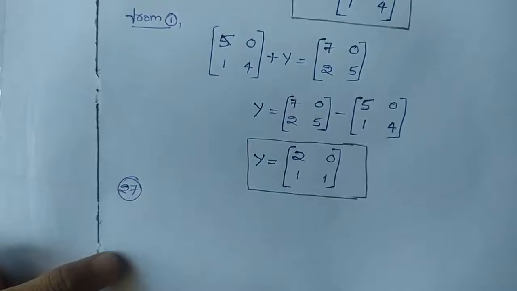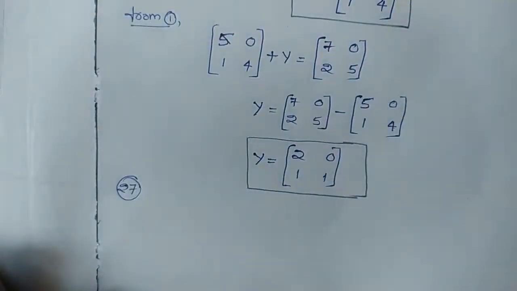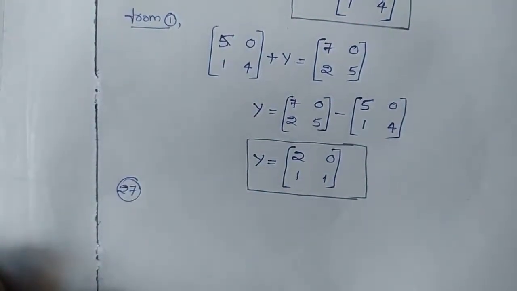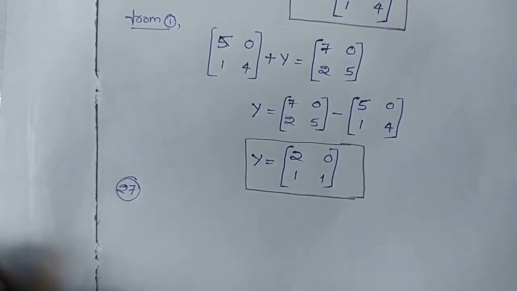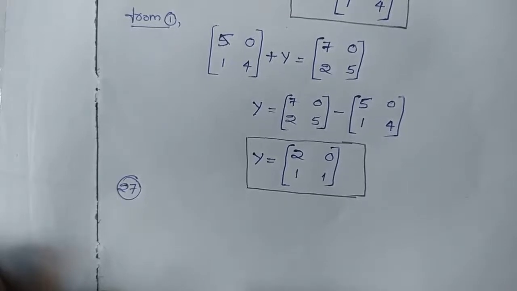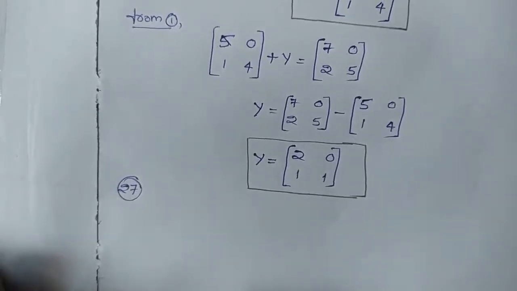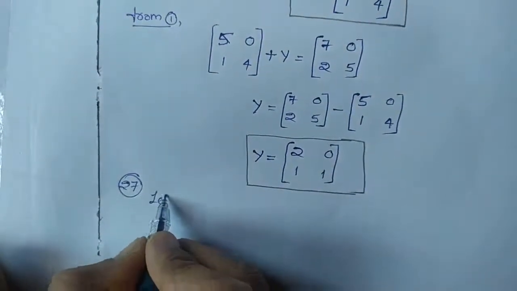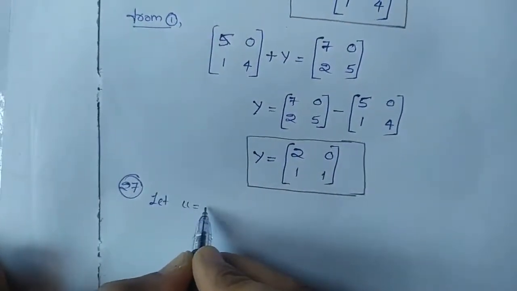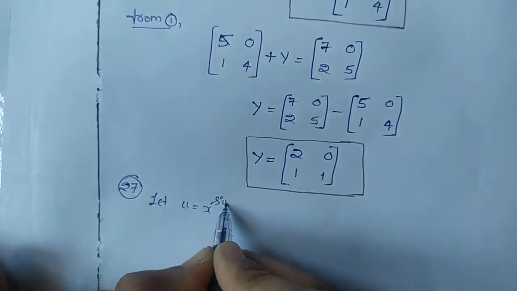See the 27th question. Differentiate x power sin x plus sin x whole power cos x with respect to x. For this question we need to differentiate by using log. First we consider u equals x power sin x.